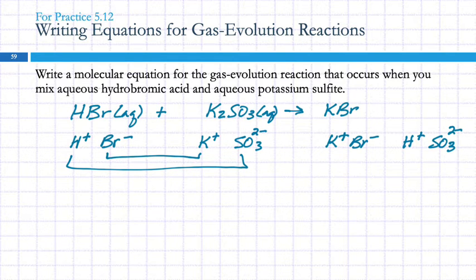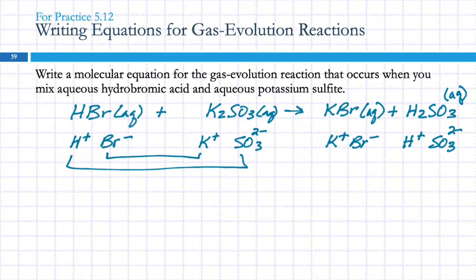Because the first line of the solubility rules, lithium, sodium, potassium, and ammonium, always soluble. That's aqueous. And then this would be H2SO3. That is an acid, that's sulfurous acid. And that's going to be dissolved in water.